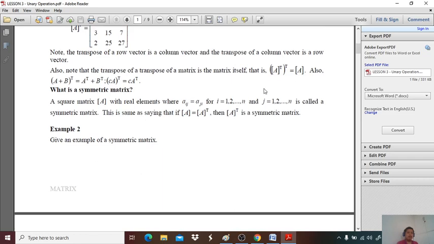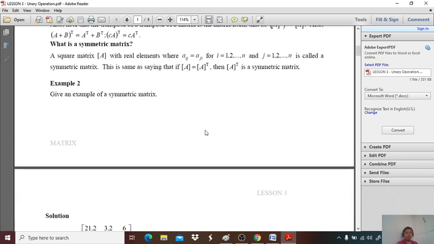Next, what is a symmetric matrix? A square matrix A with real elements where Aij is equal to Aji for i equals 1 up to n and j equals 1 up to n is called a symmetric matrix.